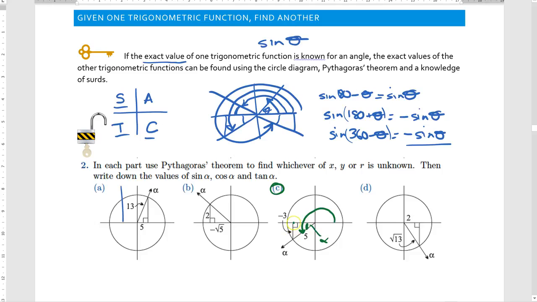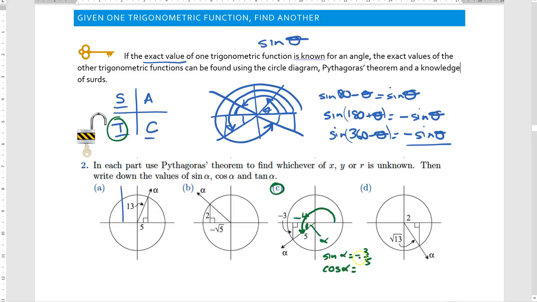We use Pythagoras, so this distance is 3 and it's in the negative direction. By Pythagoras, this distance here would be 4 and it's in the negative direction, and the radius of the circle is 5. So once we've established all that, we just see that sine of alpha is y over the radius, so minus 3 on 5, negative as we expect.